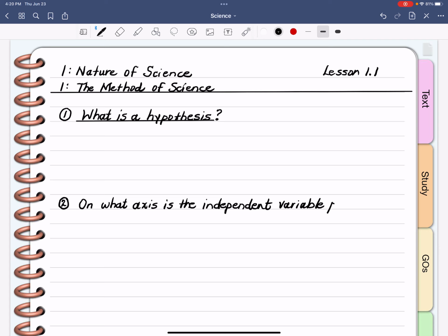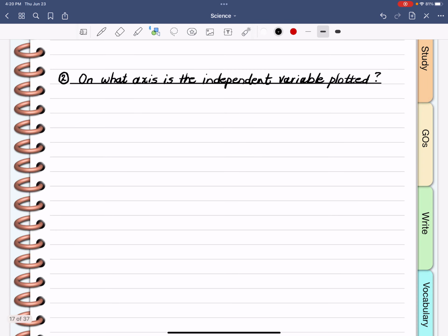Plotted is the verb, and that's a question, so you want a question mark. That seems maybe very simple, but this is a good time to check those sort of things. That will help you on the writing test.